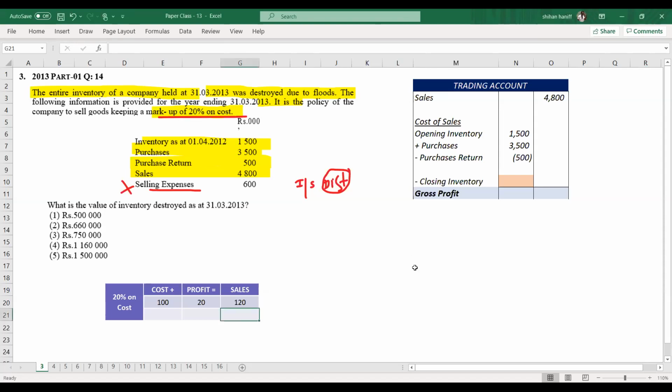Sales value is now 4,800. And how much is the cost of sales? What is the gross profit? And can you all tell me how much is the closing stock? Tell me the value of closing stock.